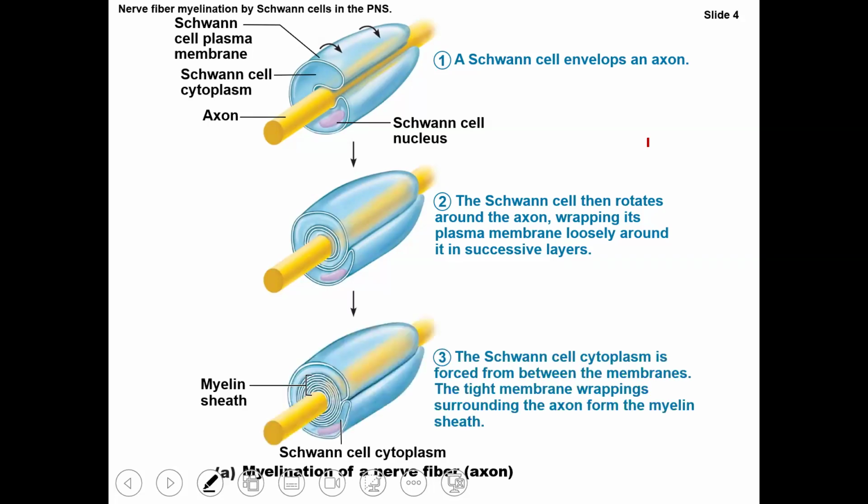Number 3, the Schwann cell cytoplasm is forced from between the membranes. The tight membrane wrappings surrounding the axon form the myelin sheath. So you can see how it's really tight around the front here and then not so much around there. So you can see the Schwann cell cytoplasm kind of outer edge area. Okay, just insulating that axon.